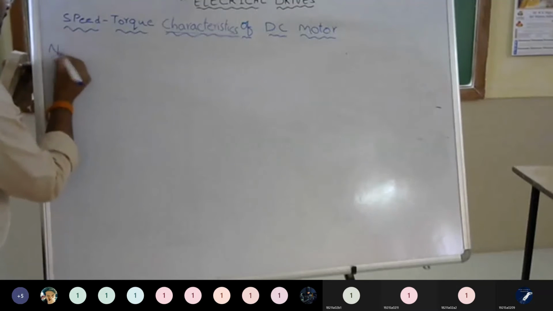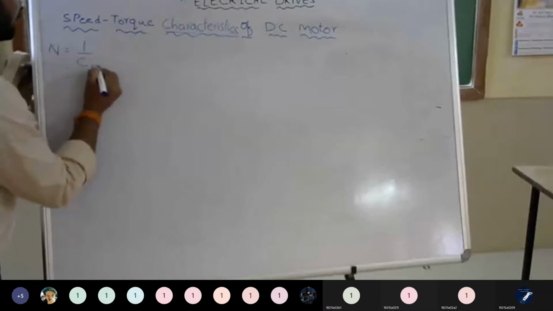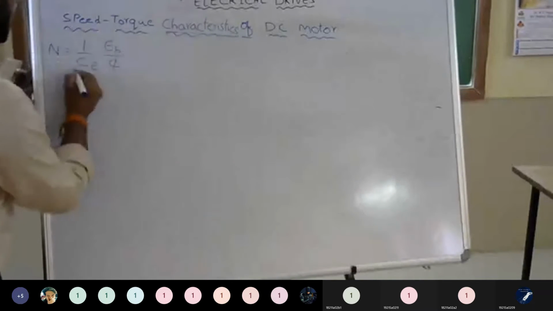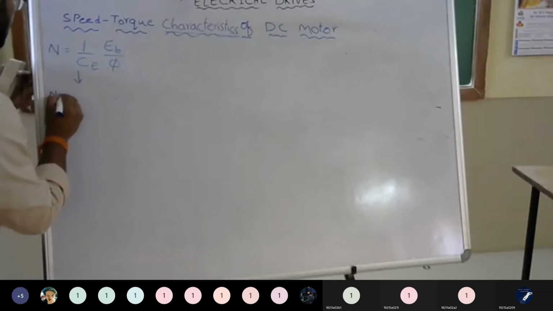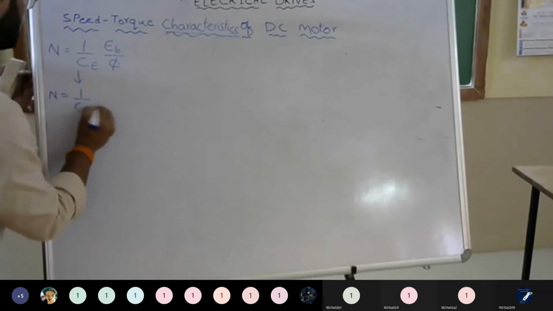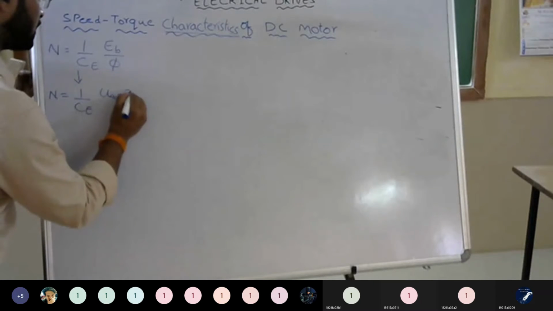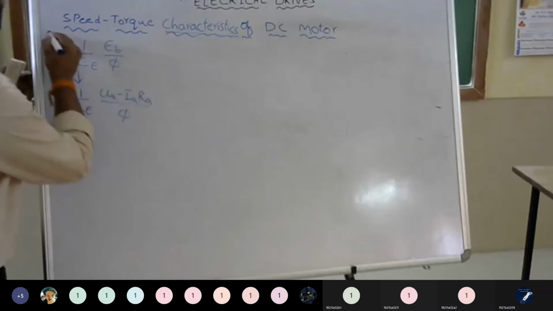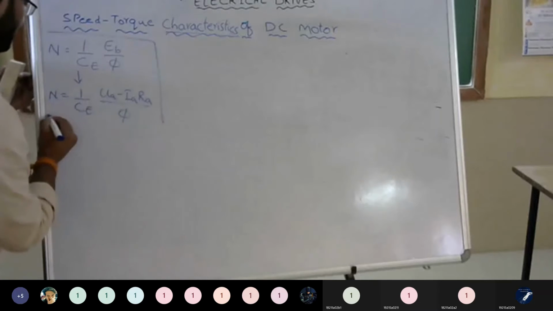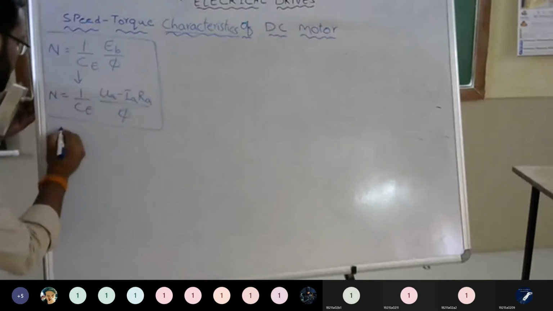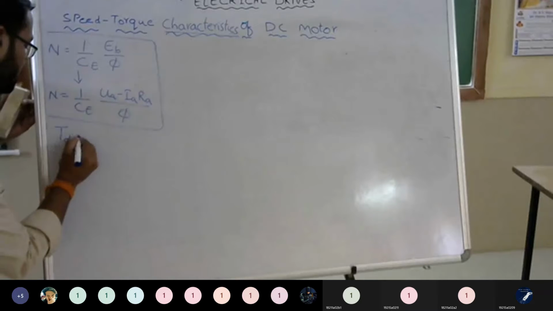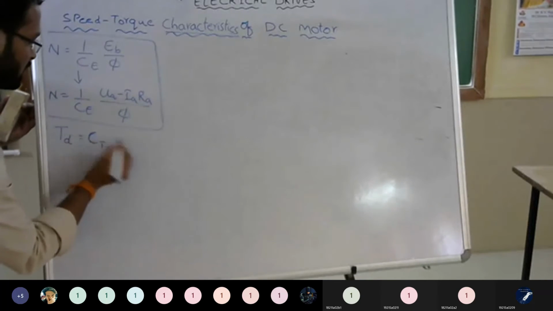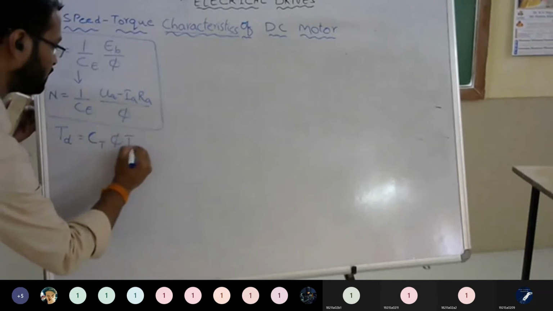So what are our equations? First we have the speed equation. N is equal to 1 by CE into EB by flux. Otherwise we can write this as N is equal to 1 by CE into UA minus IA RA by flux. This is the speed equation. What is the torque equation? Torque TD is equal to CT, the proportional torque constant, into flux into IA.